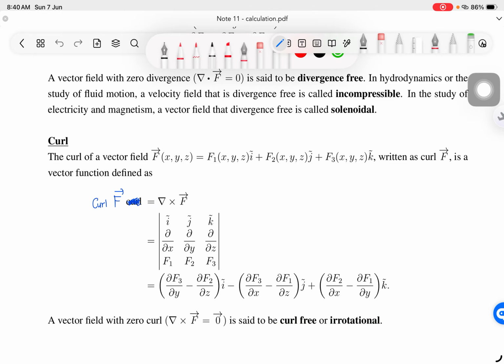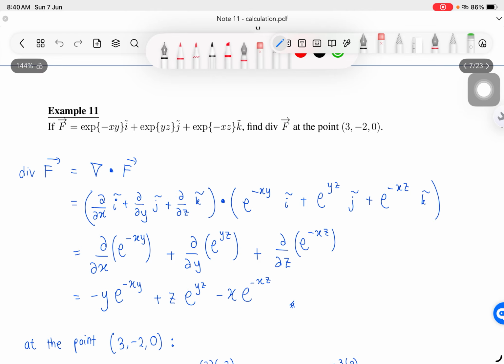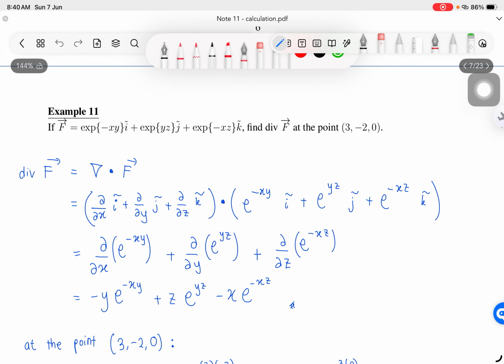Okay, alright. So let's go to example 11. In example 11 here, they give you the vector function f, and they ask you to find the divergence of f at the point (3, negative 2, 0). So what you need to do is the divergence of f, meaning del dot f.